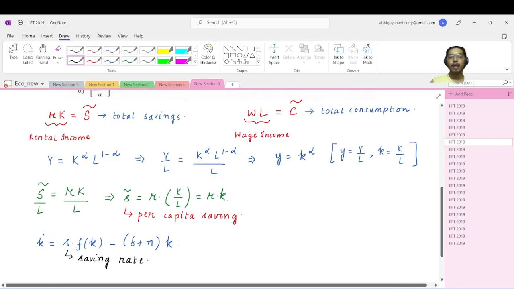Correct? And so what was s into f(k)? It was the per capita savings. So this is basically your S tilde. The total savings is basically investment in a perfectly competitive setup. So this is the per capita investment, which is small i. Correct? And this is the depreciation to capital, which is known as the break-even investment.